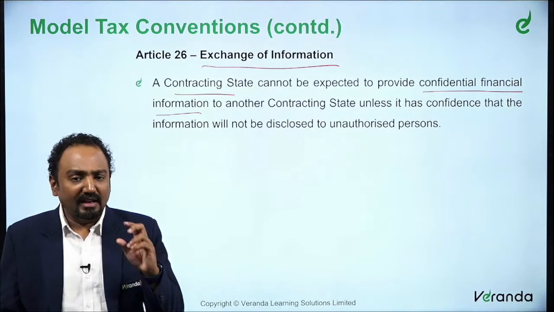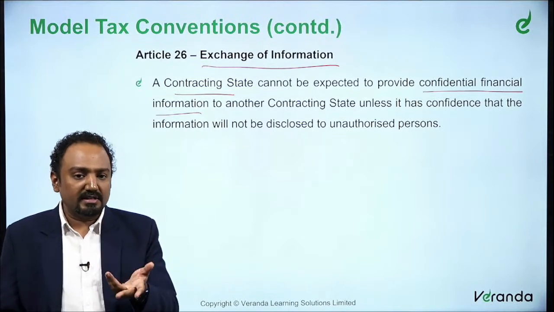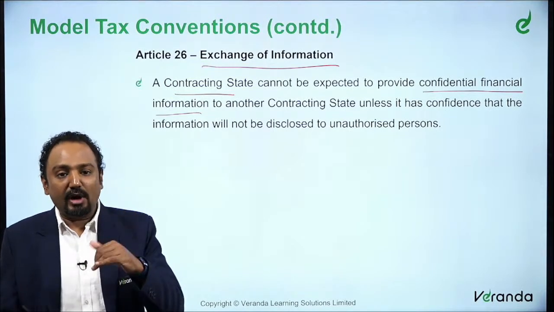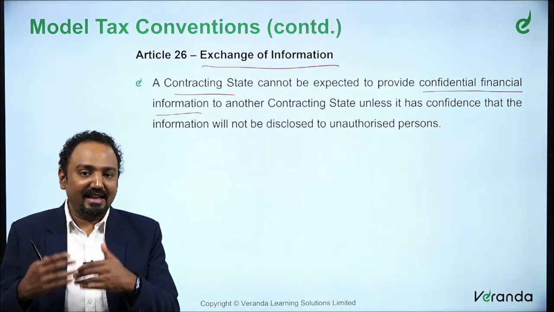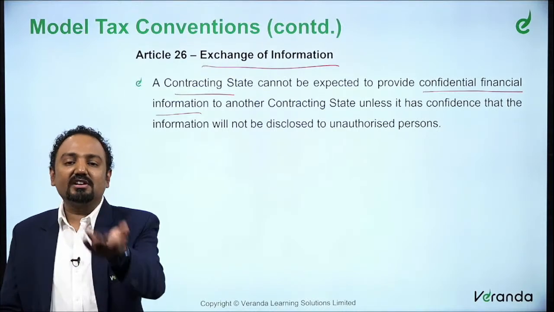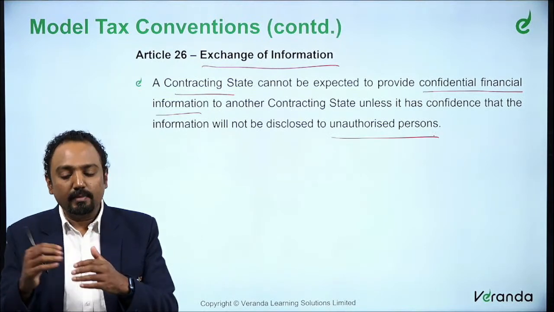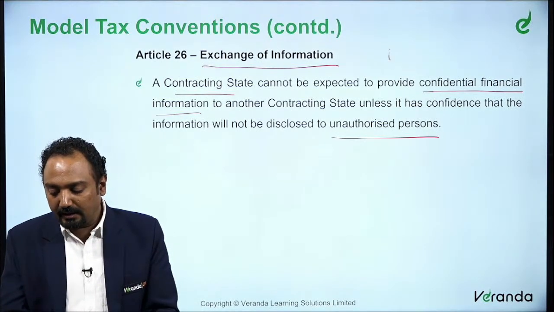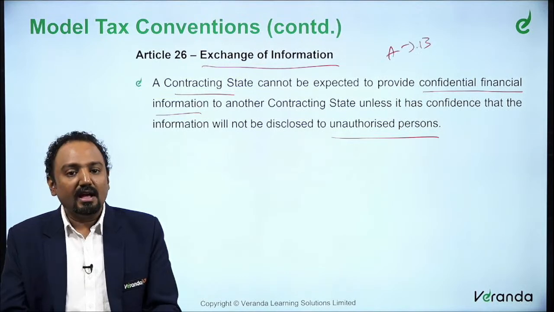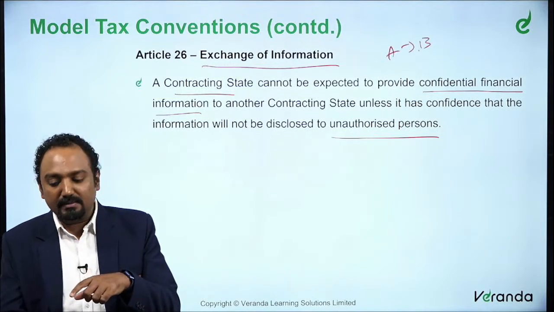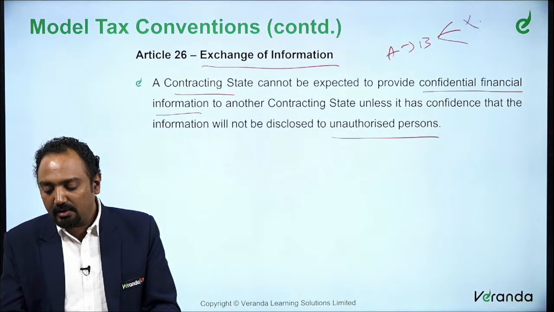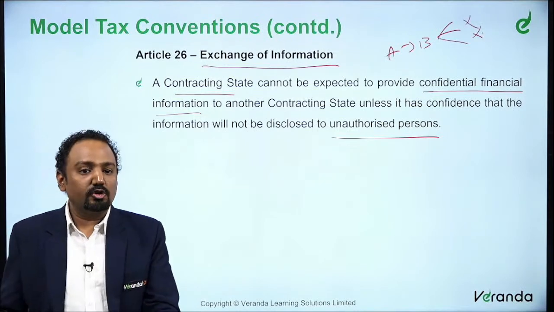In case they have to give confidential financial information, they must have trust in the other country that it will not disclose it to any unauthorized person. So let us say country A is giving to country B. A must have trust in B that B will not give it to anyone else. Only then can they give it to B. So that is exchange of information.